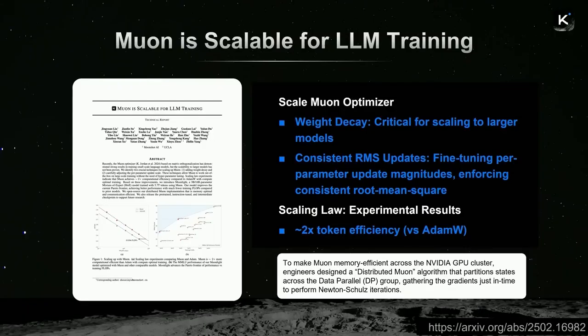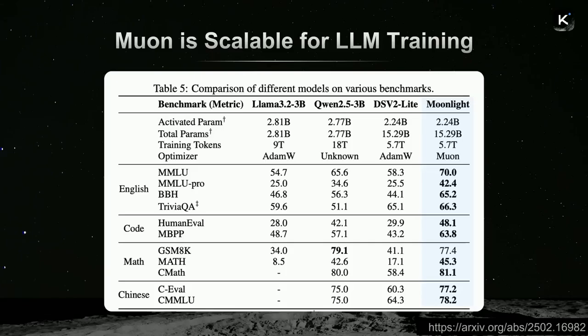So we have this adjustable coefficient that is applied to each update, so that the resulting RMS is going to be comparable to Adam. And to make Muon memory efficient across all these NVIDIA GPU clusters, we also developed a distributed Muon optimizer implementation that partitions the states across the data parallel group, so that we can have a very efficient implementation for the Muon optimizer.